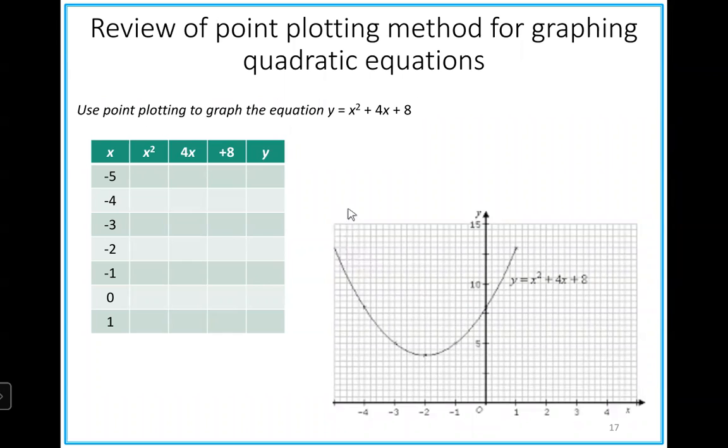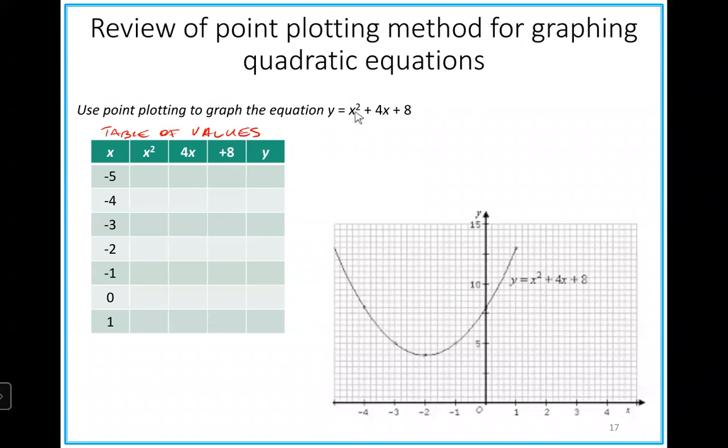So if you look at this equation that you're given, it says y equals x squared plus 4x plus 8. When we're using the point plotting method, we draw up a table of values. Some people call it a table of values. You don't have to set it up like this, but that's one way to do it.